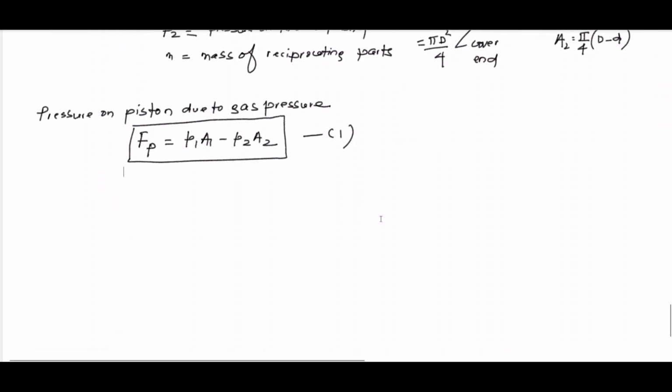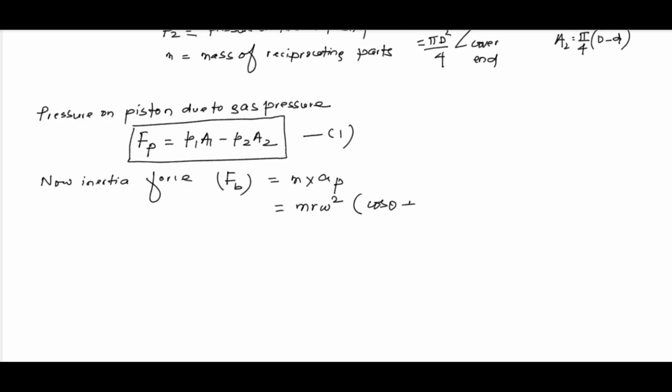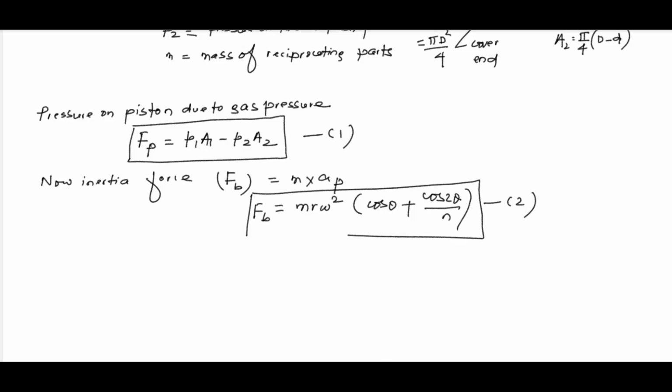Now inertia force, denoted by symbol Fb, will be equal to mass into acceleration of piston. So we can represent this as m r omega square into cos theta plus cos 2 theta by n. This is denoted by equation 2.